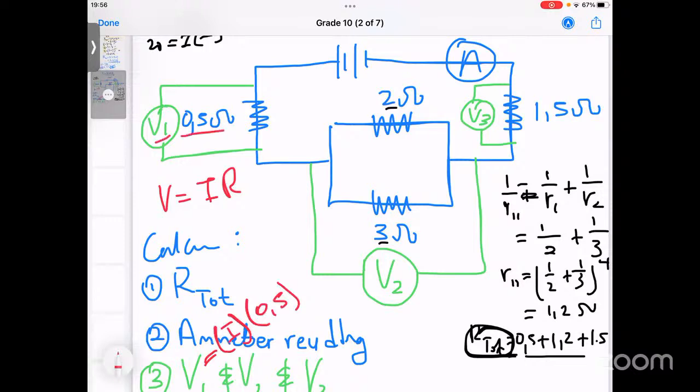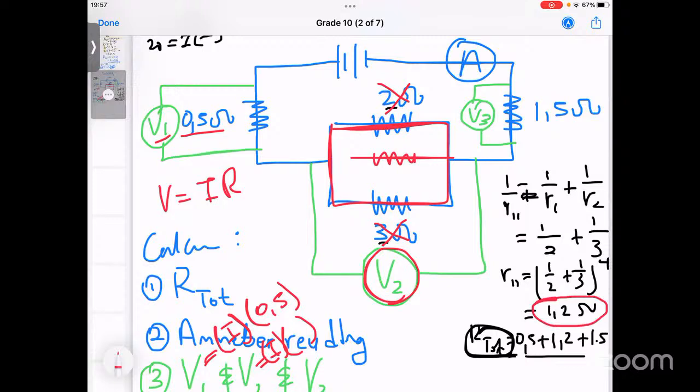When it comes to V2, you already calculated I most. When it comes to V2, you use the R for that parallel connection, because this V2 is connected across that parallel connection. You don't use that one, you don't use that one, but you use the one that you got for the parallel connection.